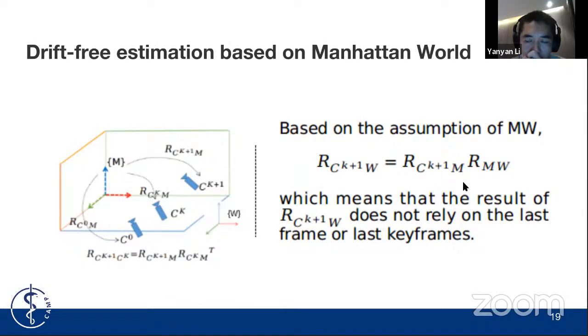Technically, we do not rely on frames between them.